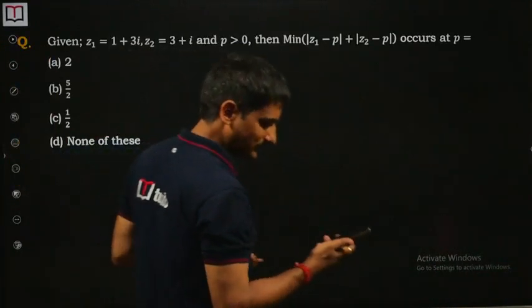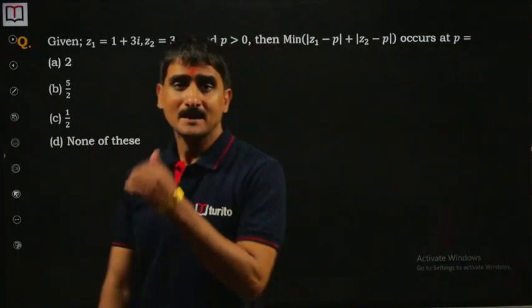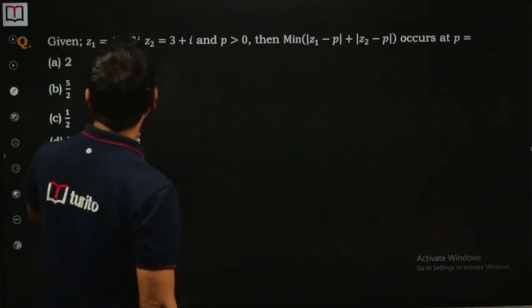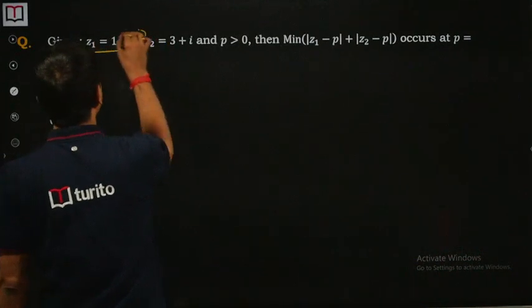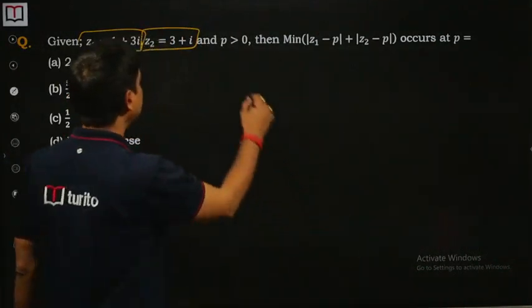So moving to this question: Z1 is 1 plus 3 iota, Z2 is 3 plus iota, a question of complex numbers, and P is greater than 0.